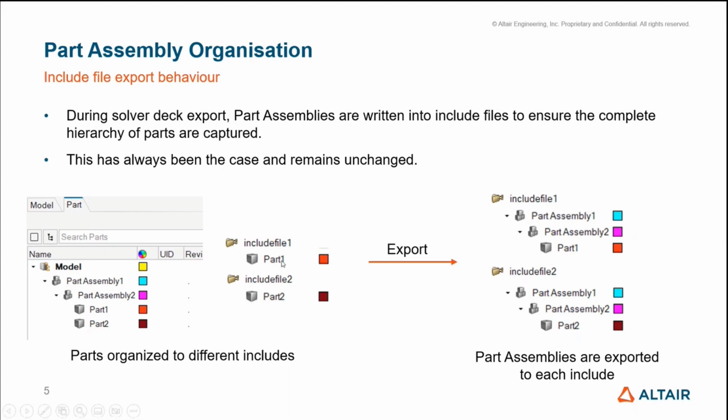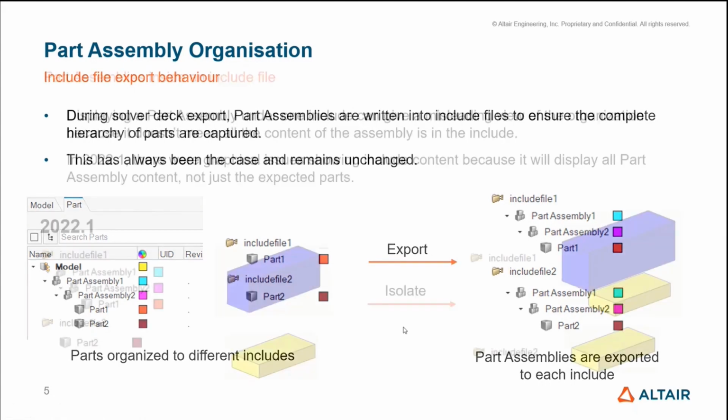So if you have a model that just has one part in include file 1 and another part in include file 2, and this is your simple hierarchy, and obviously it can get a lot more complicated than this. When I export this model, the part assemblies for each part are written to each of these include files in this XML comment block. So technically from a solver deck point of view, we're actually writing assemblies into two different include files.